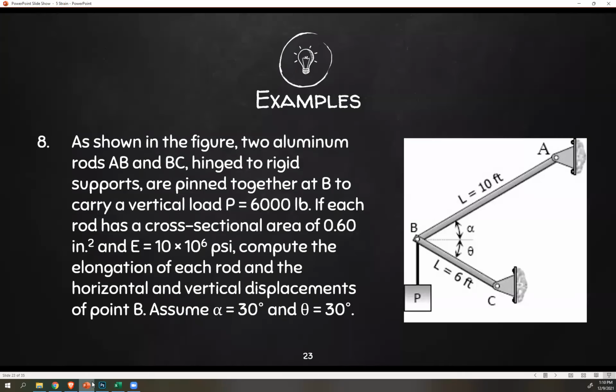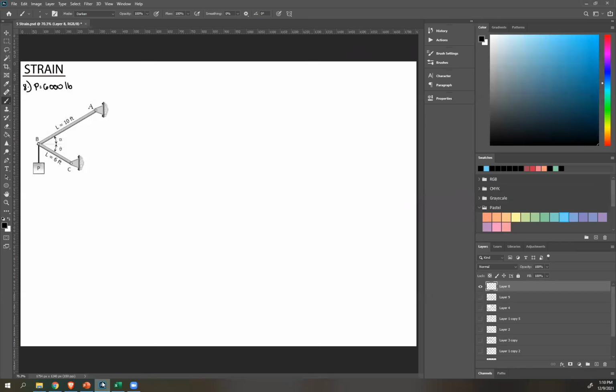What else? If each rod has a cross-sectional area of 0.60 square inch and E 10 times 10 raised to 6 psi, okay. So area 0.60 square inch, and then modulus of elasticity 10 times 10 raised to 6 psi.